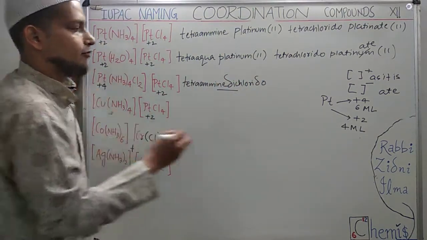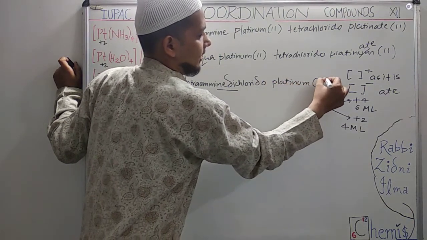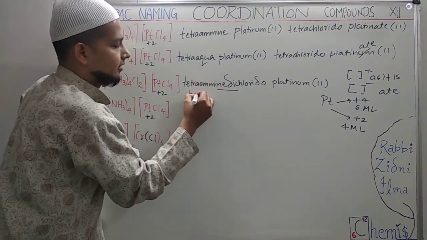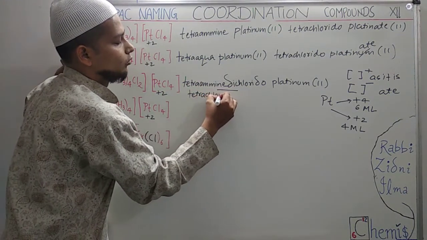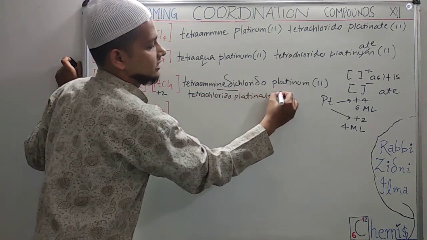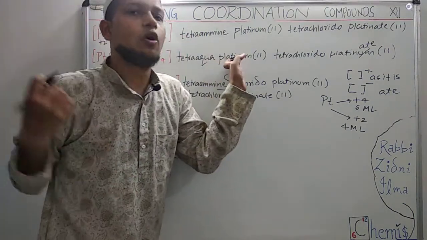Next is platinum 4. So platinum 4, I will change the line because no more space is there. PtCl4, nothing to worry, tetrachlorido platinate along with oxidation state 2. So this is how you will name platinum complexes.